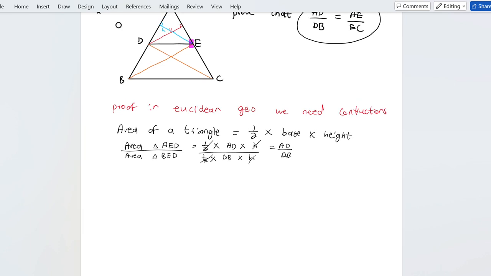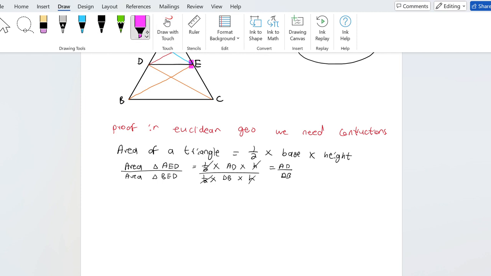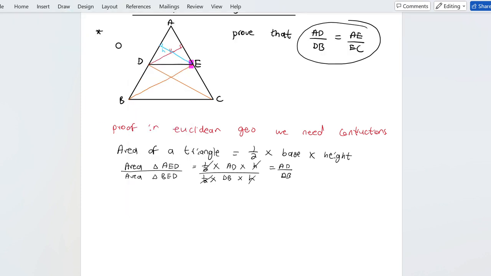Okay. And then, furthermore, we are going to go to the other side. Now we're focusing on a height of H. Now we're going to focus on the height of K. So, using a different highlighter for that, if you look at this very same triangle, now I'm going to call it ADE, right? Triangle ADE has a height of K. It's the same triangle, just viewing it from a different perspective. Triangle ADE is the same as triangle AED.